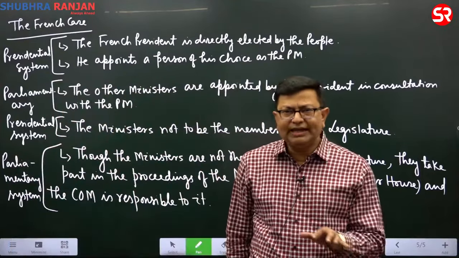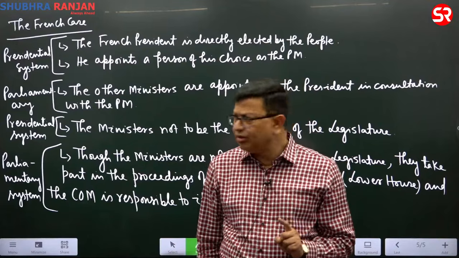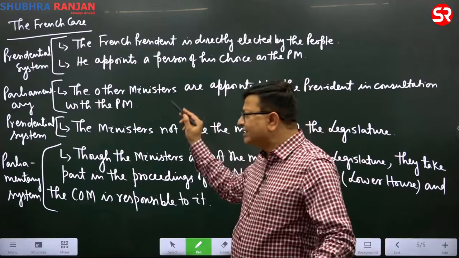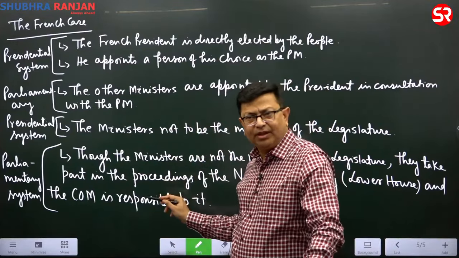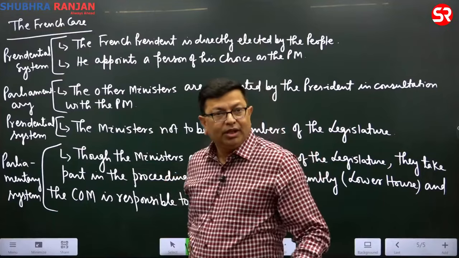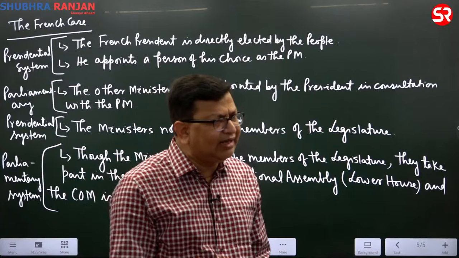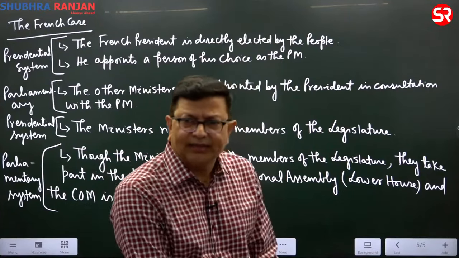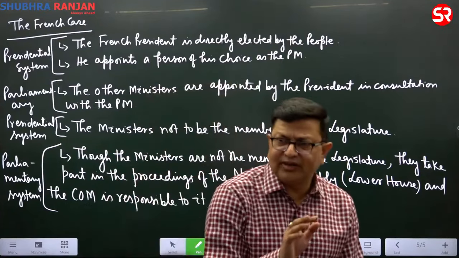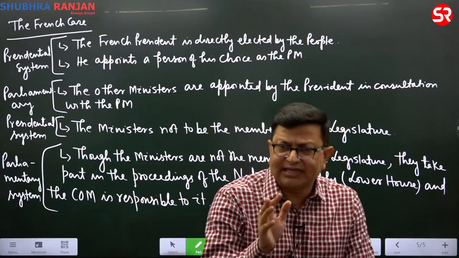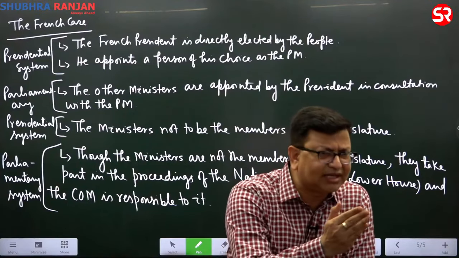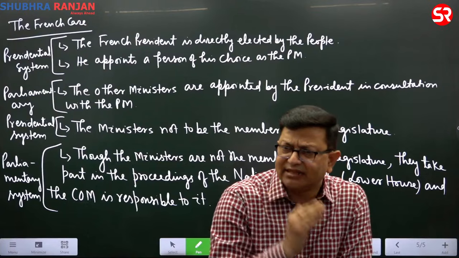So you see, it is a blend of both the parliamentary system and presidential system. Now here, the most important aspect is that the last one that we had discussed, that is, the ministers will not be the members of the legislature, just as in the presidential system that we had discussed in the last class.